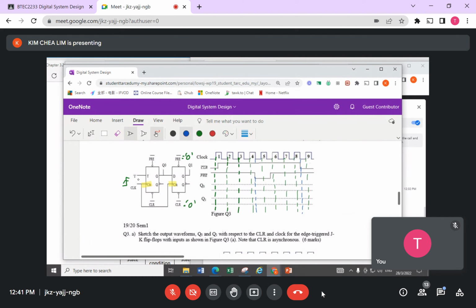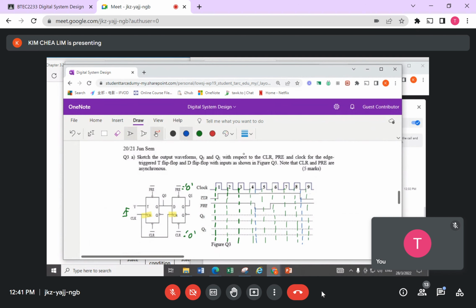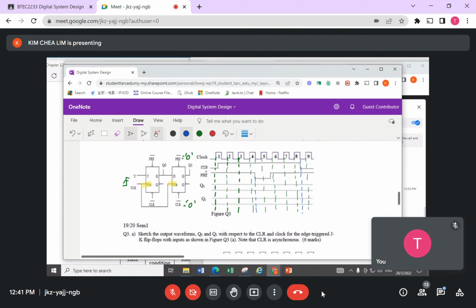All right, so we look at 1 first. This one here always toggles, if preset and clear are not working. In these questions they never say anything about the initial conditions, but clear is working initially. So both flip-flops here should start from 0, no doubt, because the clear is working.